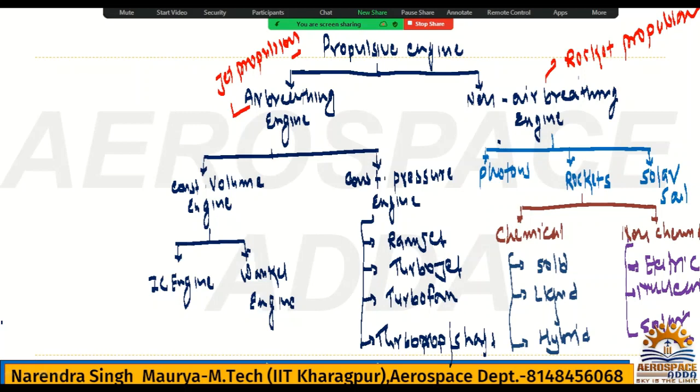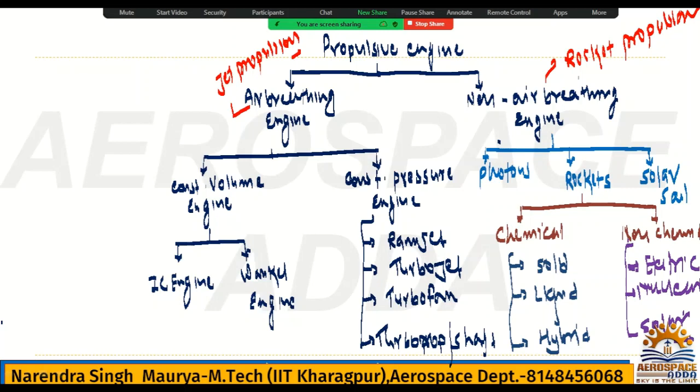In this, rocket engine has again two types: chemical and non-chemical. Chemical rocket engine has three types: solid, liquid, and hybrid. Hybrid, as the word suggests, means a combination of solid and liquid. And non-chemical rocket engines are electric, nuclear. This is a very practical word.